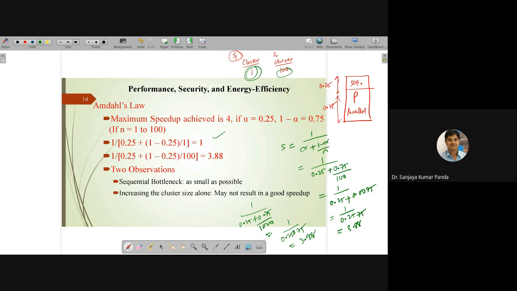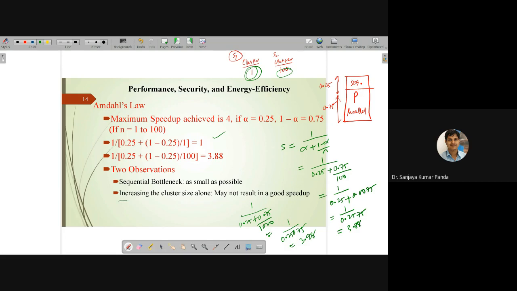So what is the conclusion here? The conclusion is that if we increase the number of processors, the speedup is not increasing much. That's why, while discussing workflow scheduling, I told you that whenever you generate a workflow, you have to give the number of tasks, width and depth as input. If the width of the graph is very small, then increasing the number of processors beyond the width value is not going to increase performance.